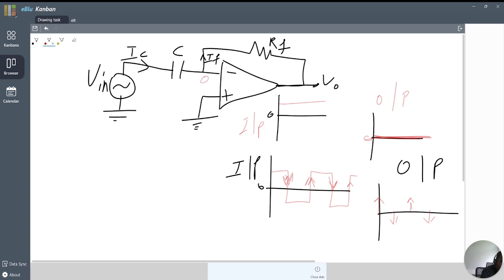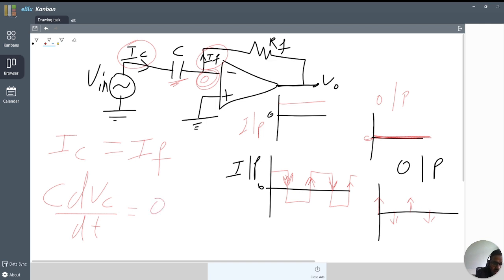So at this time IC equals IF. IC means charging or discharging of this capacitor. So C of dVc over dt equals IF. That V inverting becomes 0 because it is virtually grounded with the non-inverting input, so IF is 0 minus V out over RF.